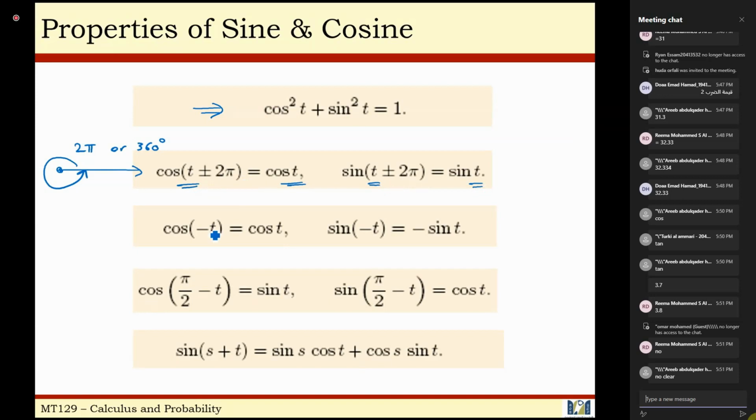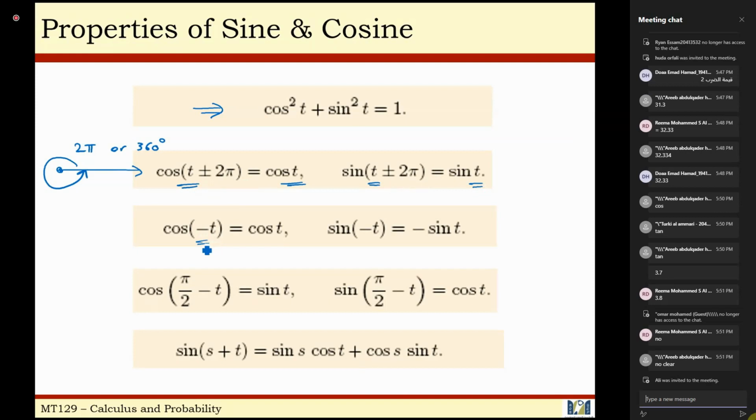Now if we have a negative inside the cosine, we can remove the negative. For example, cosine of minus pi over 3 equals cosine pi over 3. This is the same value. If we calculate cosine of a negative angle or the same positive angle, we have the same value.